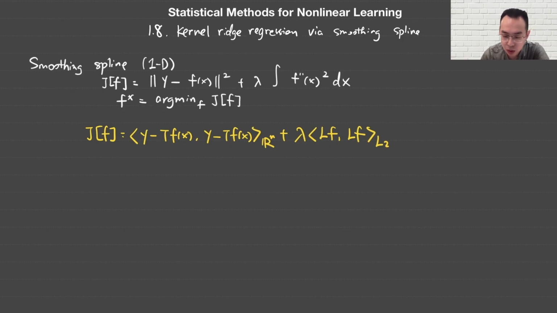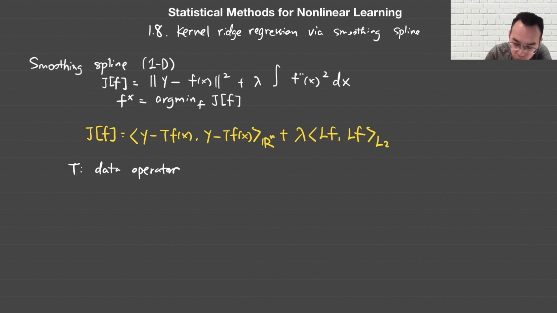All right, so here, let me just clearly define what these operators mean. So first we have the T operator, right? T is called the data operator. And I should also specify the dimension of this problem.